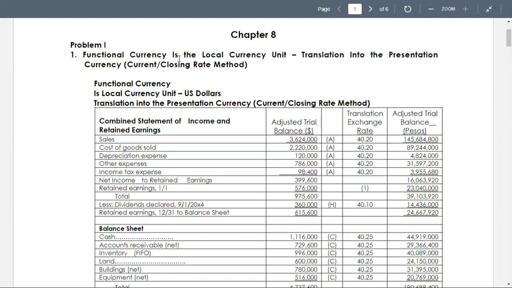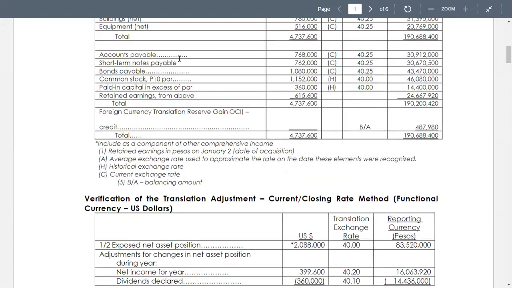So when you talk about most liabilities, they are monetary if they represent a claim to a fixed amount of pesos.